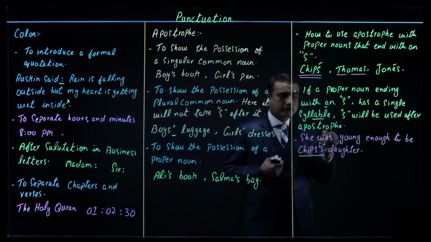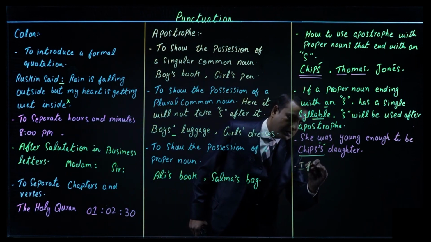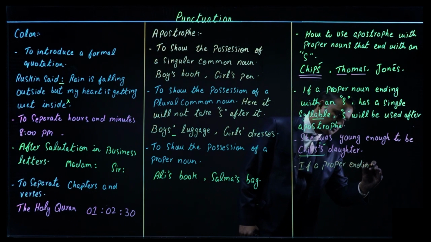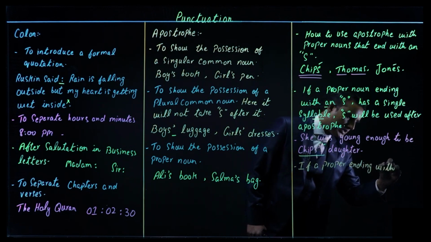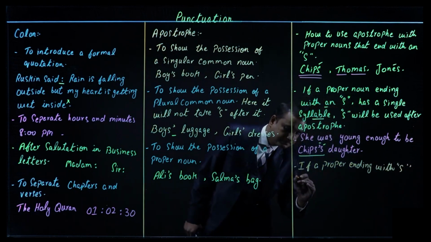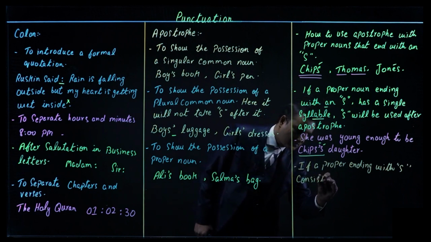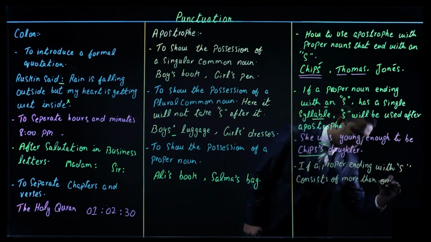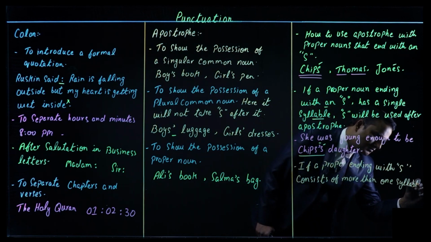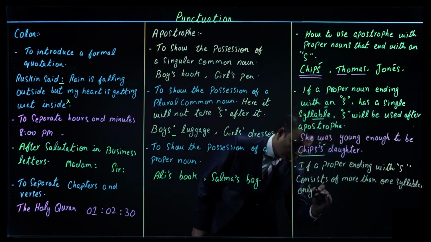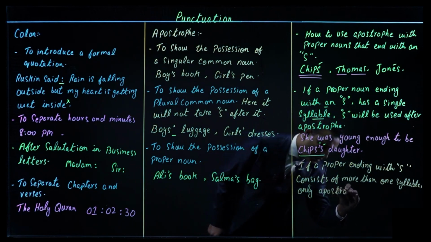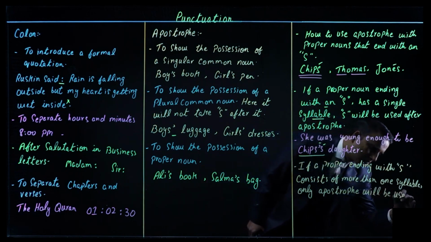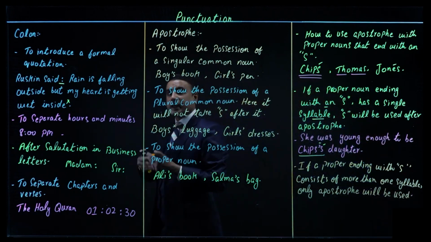On the other hand, if a proper noun ending with s consists of more than one syllable, only apostrophe will be used, then we will not use s after the apostrophe.